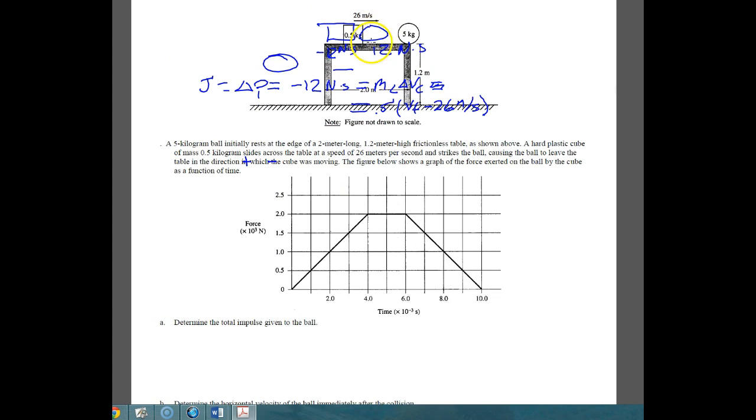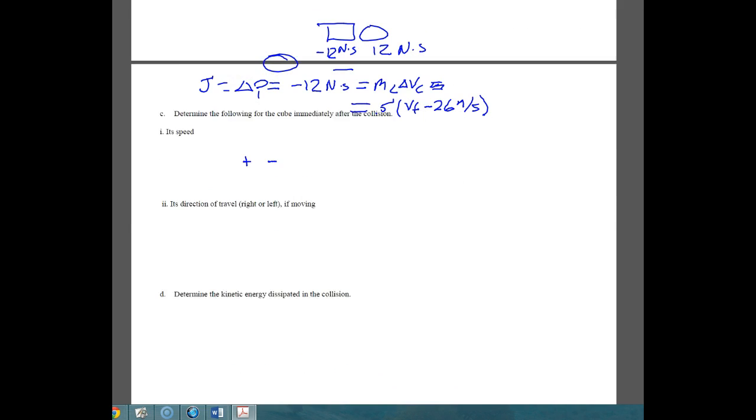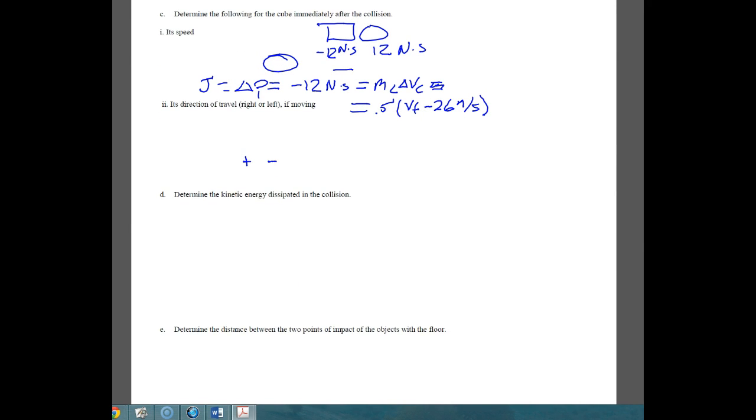So let's move this back down and solve the rest of the problem. At this point we have negative 12 equal to 1/2 of VF minus 26. If you work through all that math, you will see that the final velocity of the cube is about 2 meters per second.